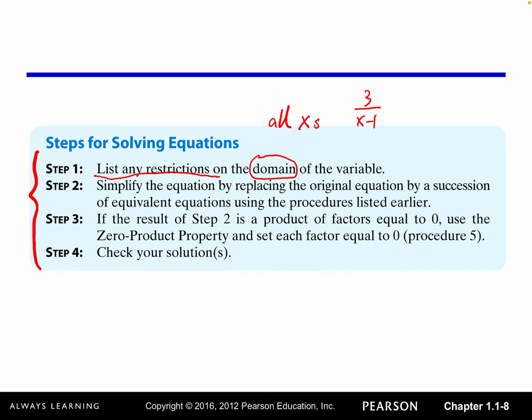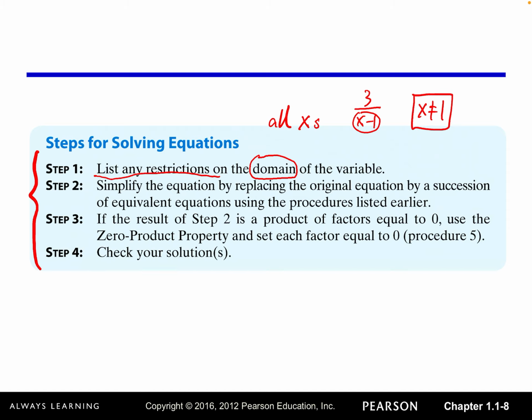And we know the denominator can never be 0. So in order for this expression to still be defined, we have to make sure x cannot equal 1. And this is the domain. So x can be any other real number except 1. Okay, that is called listing any restrictions on the domain.